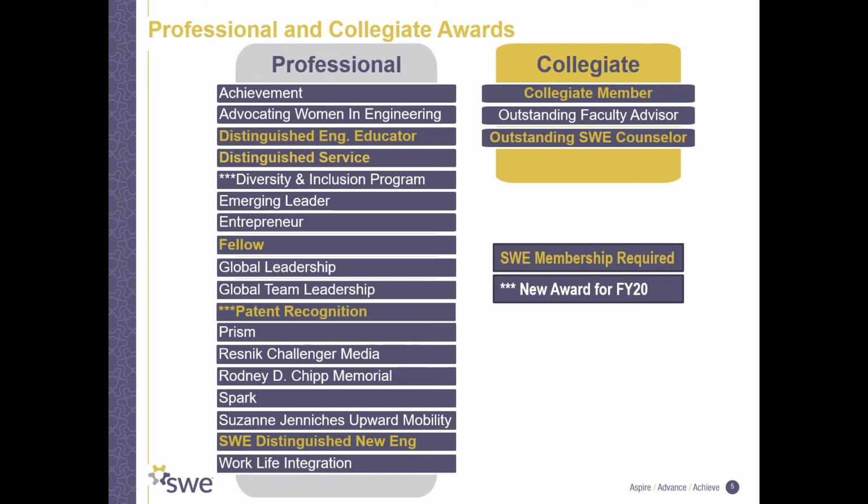The awards that are highlighted in yellow require SWE membership for nominees, and there are two awards denoted by 3 asterisks, which are new awards for FY20: the Diversity and Inclusion Program and the Patent Recognition Awards.